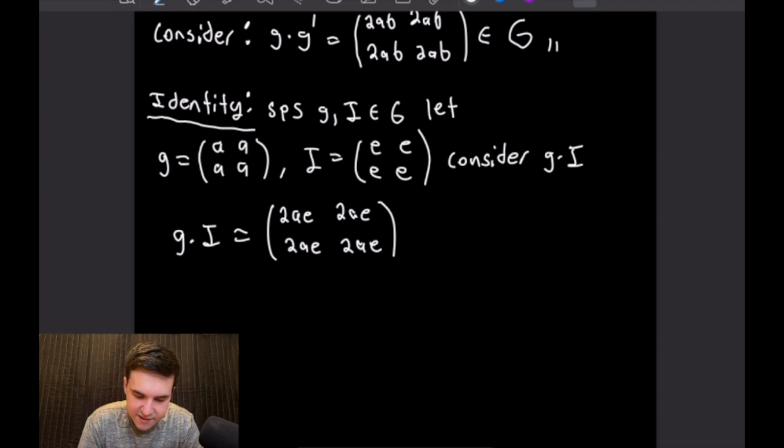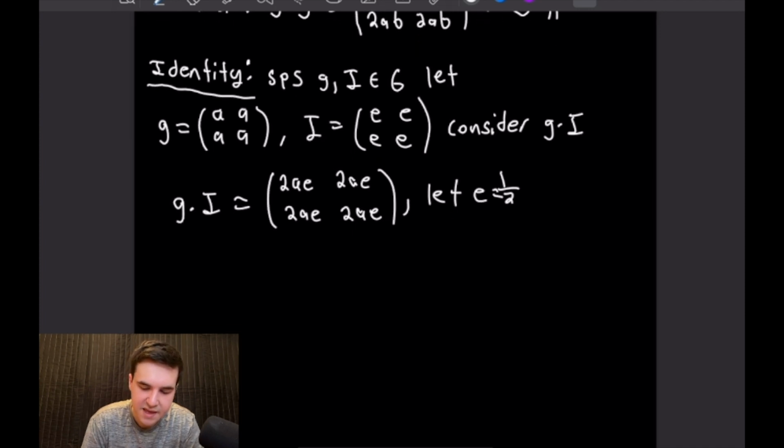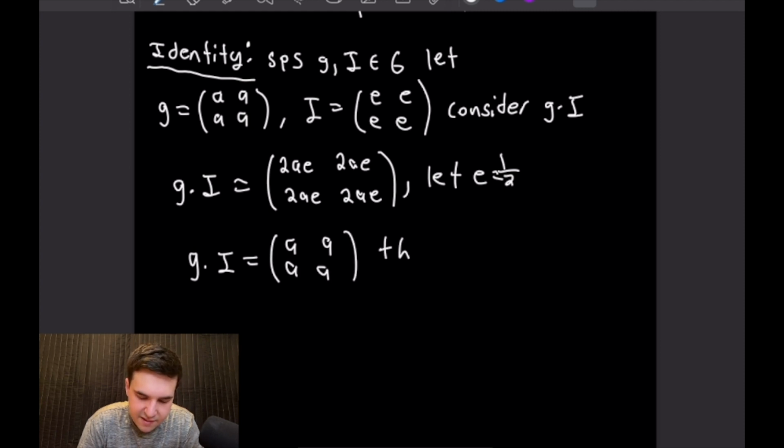It's quite easy to see that we can let our E equal 1 over 2. And when we do that, we will have achieved the desired result. So if E is equal to 1 over 2, then G times I is equal to just the matrix of all A's, which means that our identity is going to be the matrix of all 1/2.